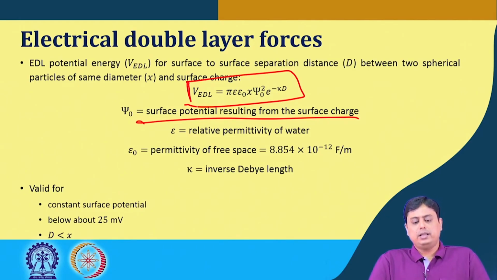If not, it creates a more complex expression. So to estimate this double layer potential energy, we have to know the surface potential that results from the surface charges.